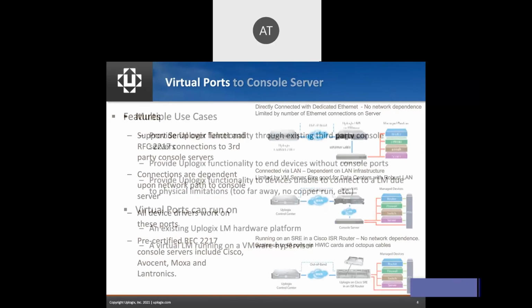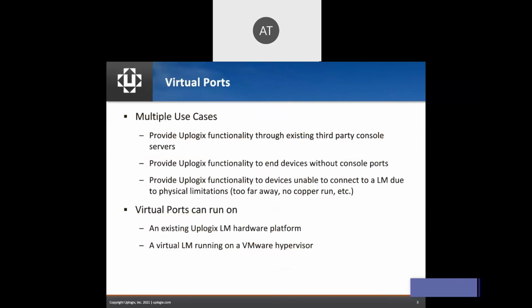Maybe you've got VMs that you might want to manage, or systems without a console port. Sometimes people will have a switch in an IDF that they can't run a console port to. With a virtual port, we can connect to it and still do some management. You can't do as much recovery if you don't have that console port connection, but it still lets us connect to it, do backups, get you secure access, that sort of thing.